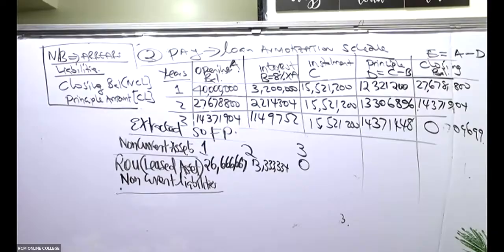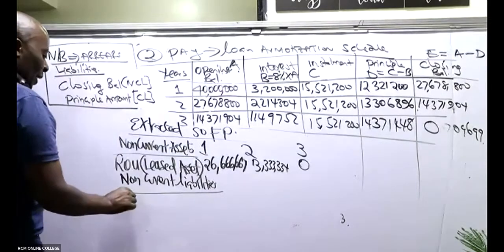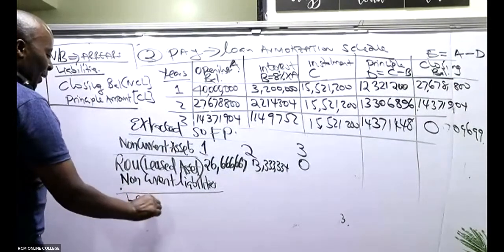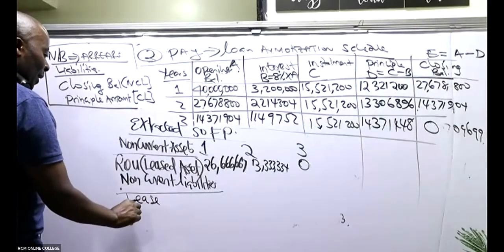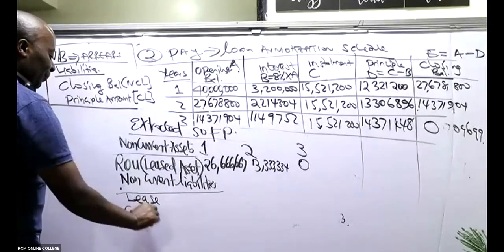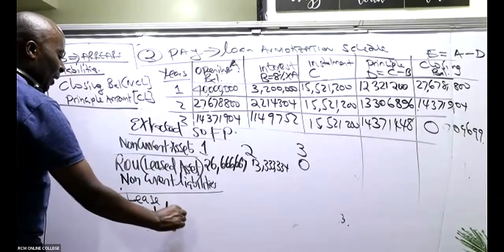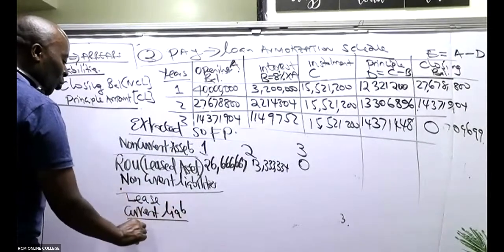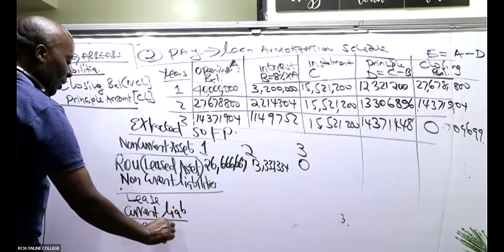Yeah. So sasa ukishaandika namna hiyo, under non-current liabilities, we have here lease. You will simply write lease. And also under current liabilities, you shall also write lease.